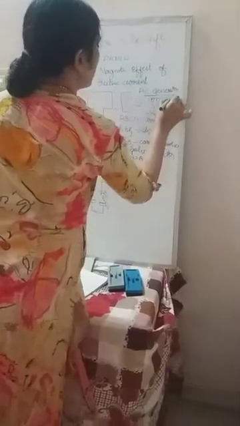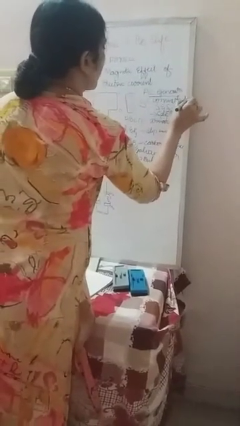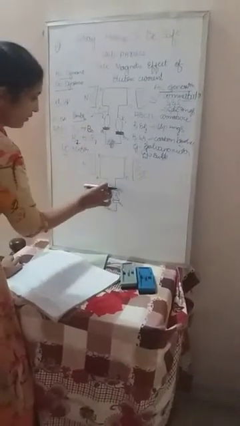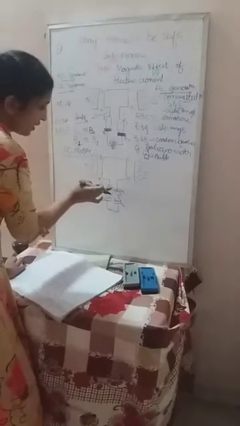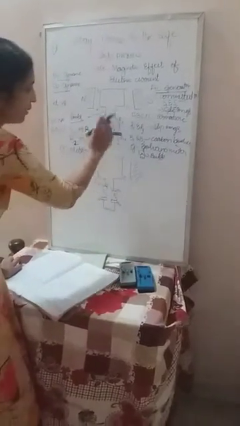What are commutators? If they ask a question in the examination, what is the work of split rings here? With split rings the current cannot connect in both directions; if we divide the ring like that, it flows in a single direction only. That's why split rings are used. Split rings allow the electric current to move in a single direction only.